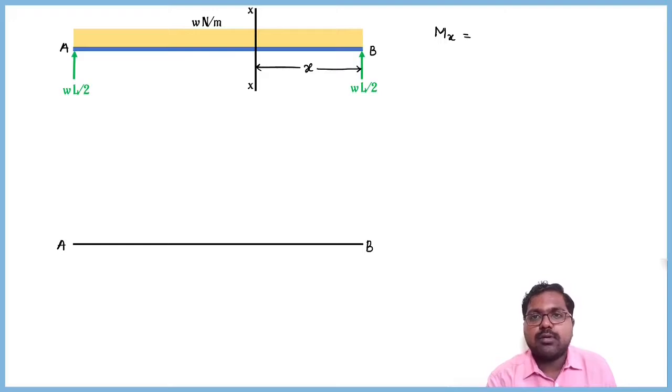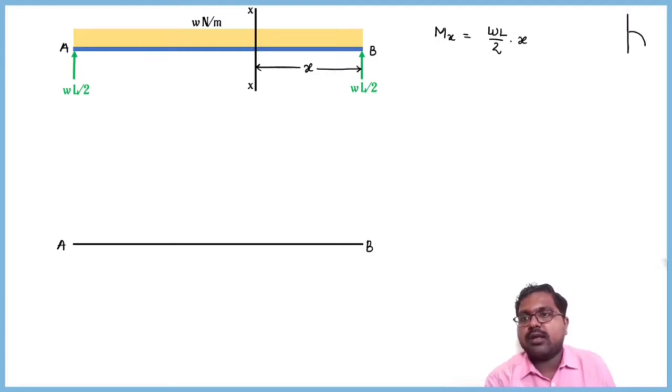Mx equal to load WL by 2 acting at a distance of X. For sign convention, I am taking hogging as negative and sagging as positive.